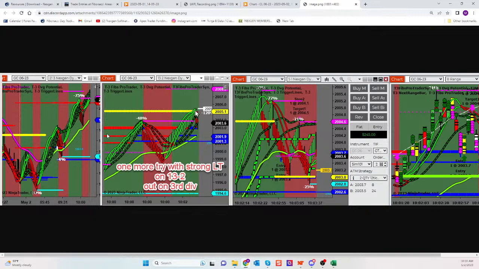So you had a termination condition on the 13.2, and you had two divergences, and had to get out with that divergence. You know what? You made a little money on it, though. Nice job. Using that much momentum, it's likely to retest a little bit. You guys, remember that your rules aren't my rules. Your rules are your rules.